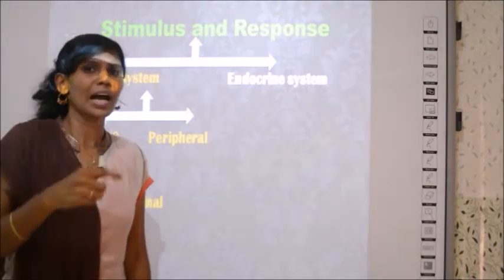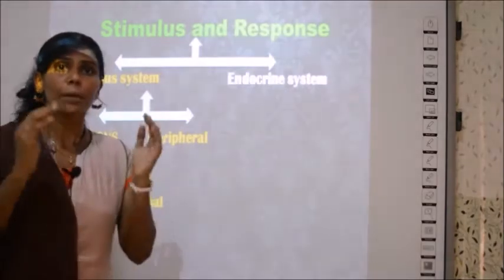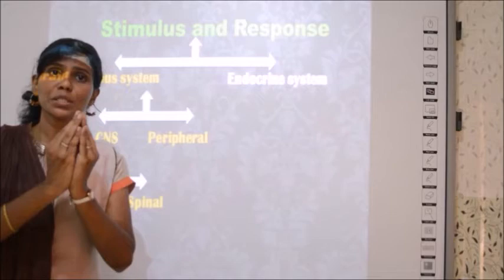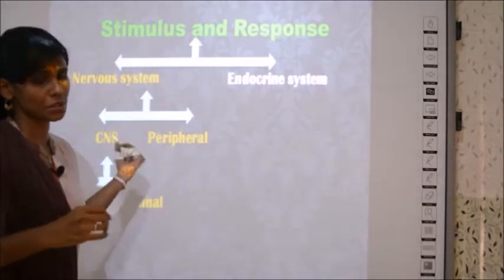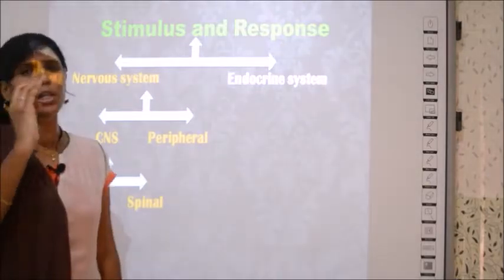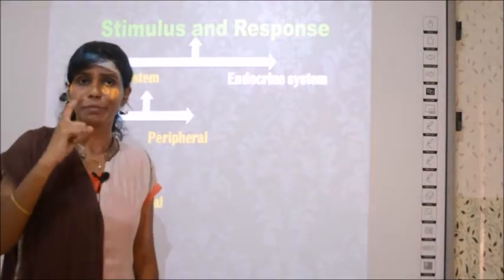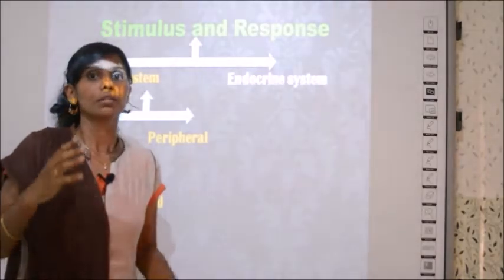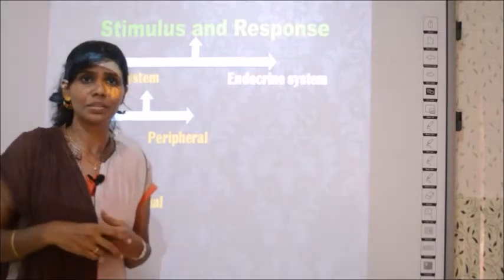So the brain and the spinal cord are two different parts of the body, no? But together you can address them by a term called central nervous system, because all your nerves are controlled by these two. Suppose a person's brain is damaged, though he is alive, he cannot control anything, he will just be bedridden, right?